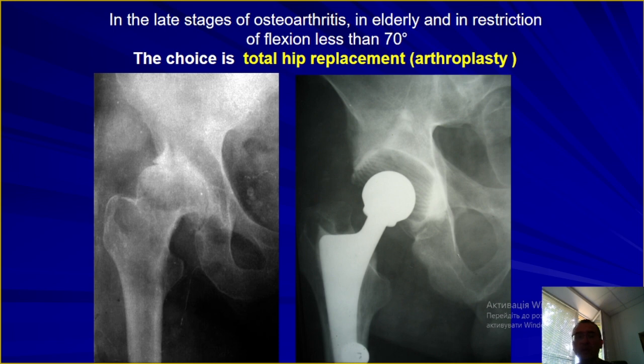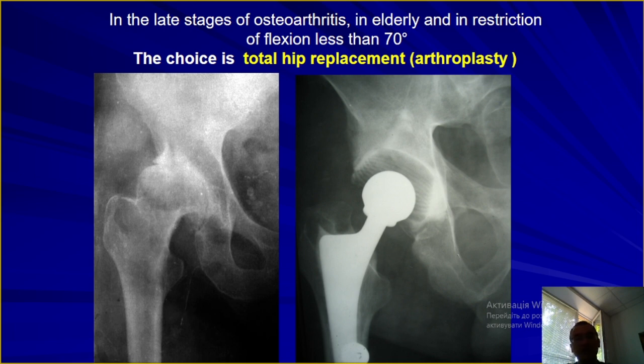Patients feel much better just after the surgery. They can walk the next day. They have enough range of motion in these joints for daily activity, and sometimes they can even return to big sports. They can ride a bike, drive a car, so they don't feel any problems with this artificial joint. So it is a fast but not very cheap method of treatment of severe forms of osteoarthrosis.